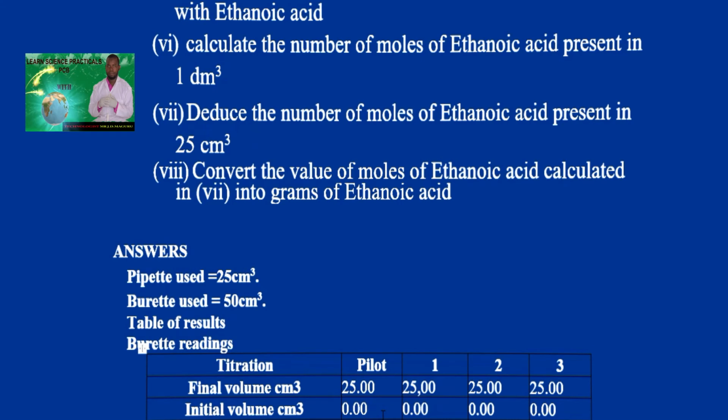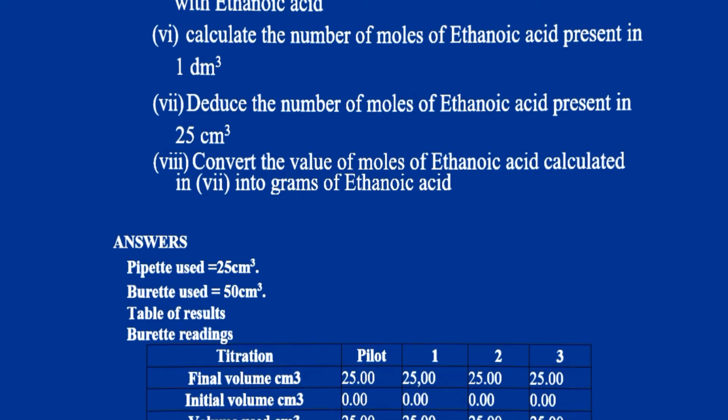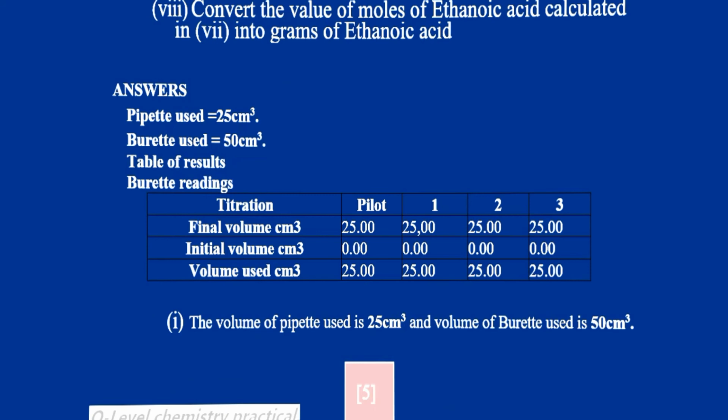Pipette used above the table. Burette used above the table is very important to note. Even if you have been asked or not, you are supposed to write it. In the table of results for titration, make sure there are units. SI units are very important. In the table of results, you are supposed to record your volume values to two decimal places.